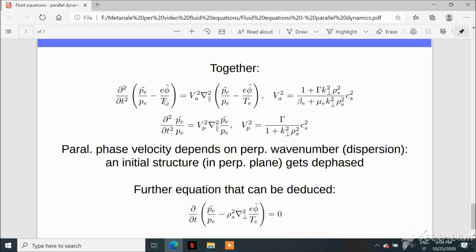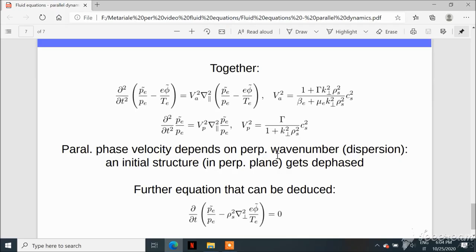And the first wave equation evolves this field, which is the difference between electron pressure and electrostatic potential. The second one involves only the electrostatic potential. And as I said, the evolution of the system to the adiabatic configuration, to the adiabatic limit, typically takes place on fast time scales. And so the second wave equation assumes that this dynamics has already taken place.